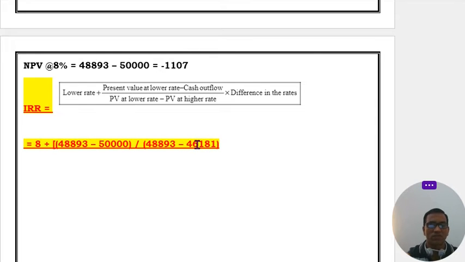46,181 multiply with the difference in the rates. Difference in the rates means difference between the 8% and 10%, that is 2.